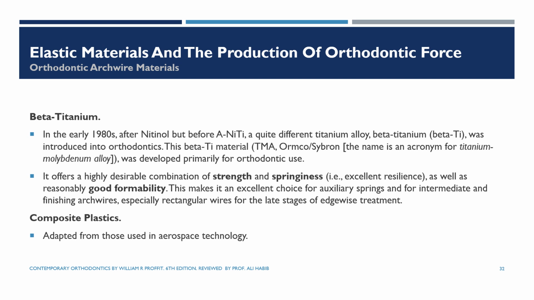So maybe this is a good choice for auxiliary springs, like canine extrusion springs or intrusion arches, and it can also be used for intermediate and finishing wires, especially if you want to use large rectangular wires at the late stages of finishing, where sometimes it's difficult to fit a rectangular stainless steel wire because it is stiffer.